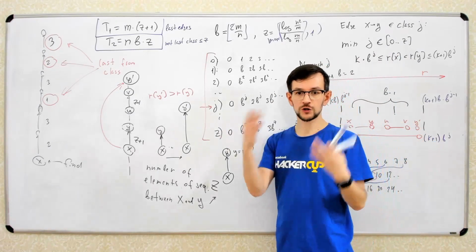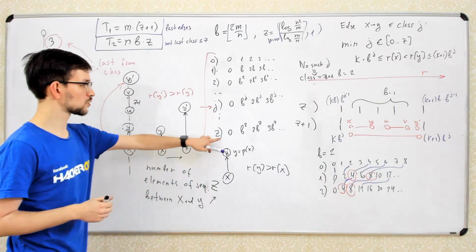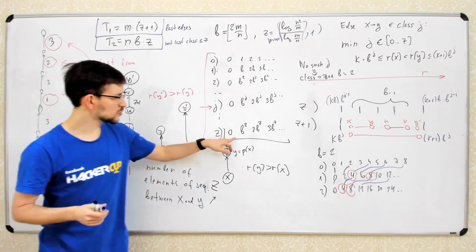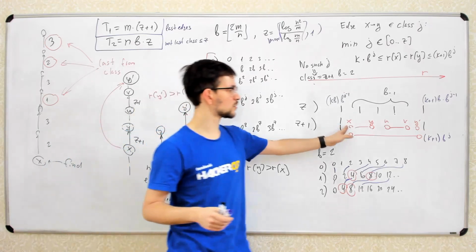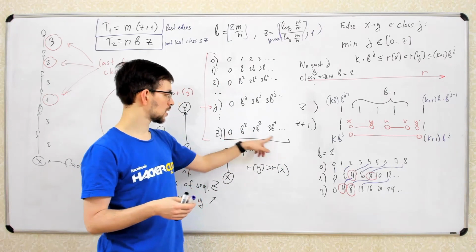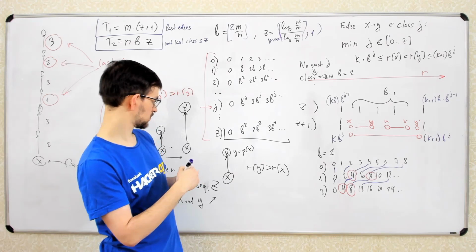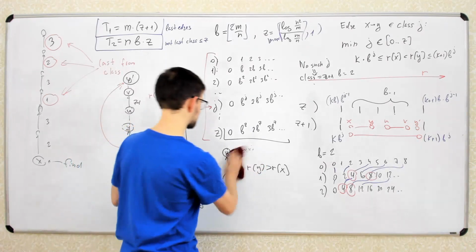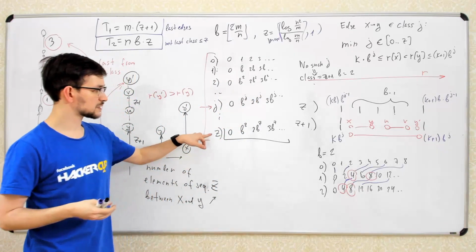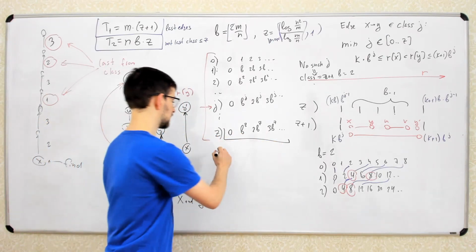Let's try to calculate the total number of elements in sequence z. So let's look at sequence z. We have these values. These values are different ranks, right? So we need only values which may be ranks of some vertex. So we need only values at most n. So let's look at this final sequence and find all the values which are at most n.